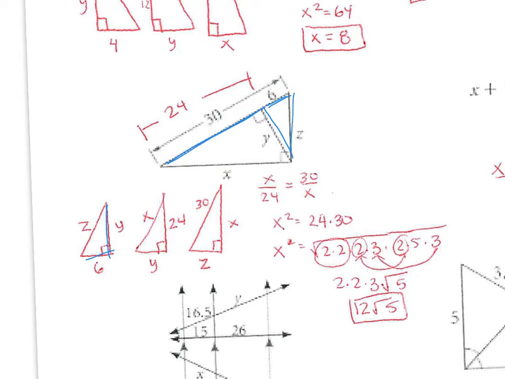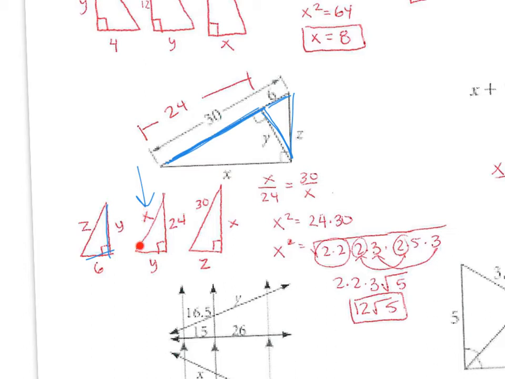And then the medium triangle is the long side is 24, the short side is y, and the hypotenuse is x. And then the largest triangle has a long side of x, a short side is z, and a hypotenuse is 30.